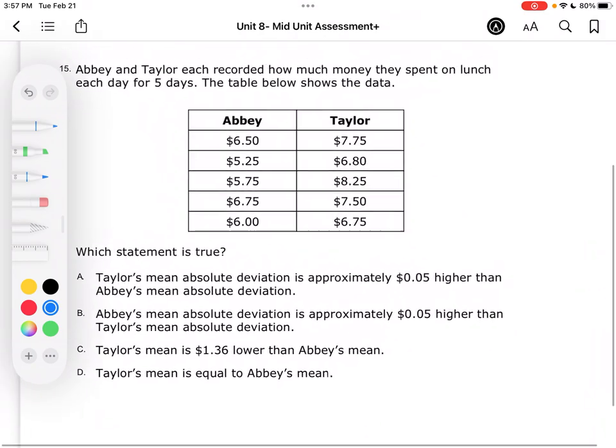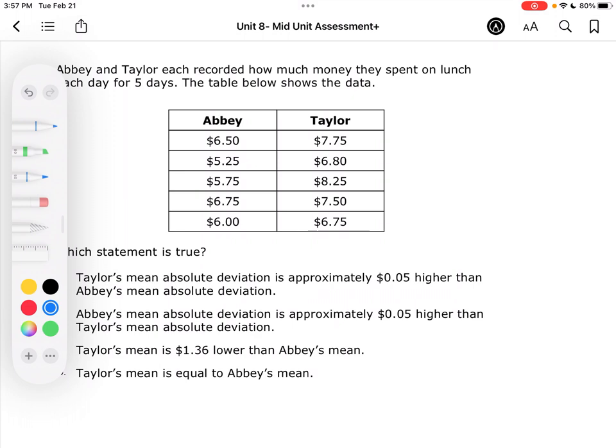All right, the mean absolute deviation. So we're going to add up these numbers and divide by how many numbers we have. So 650, 525, 575, 675, and 6, and divide by 5. So we got 605.